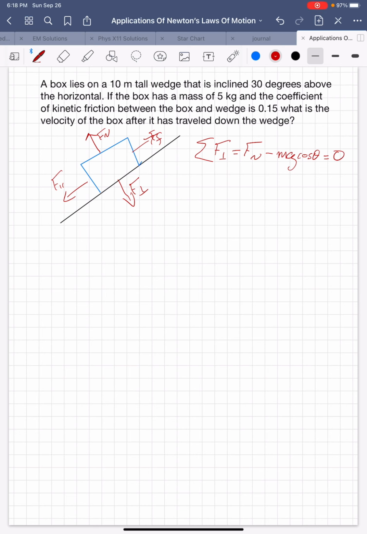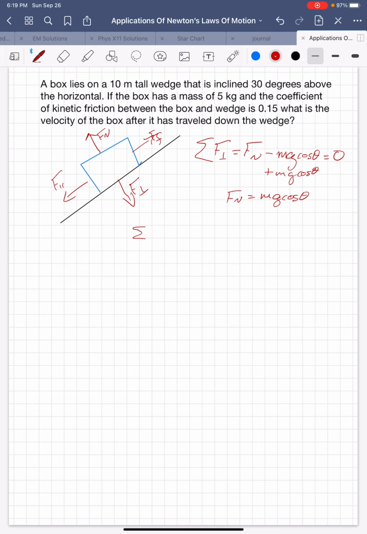And that allows me to find the normal force. So I just add mg cosine theta to both sides. And I get that the normal force, in fact, equals mg cosine theta.